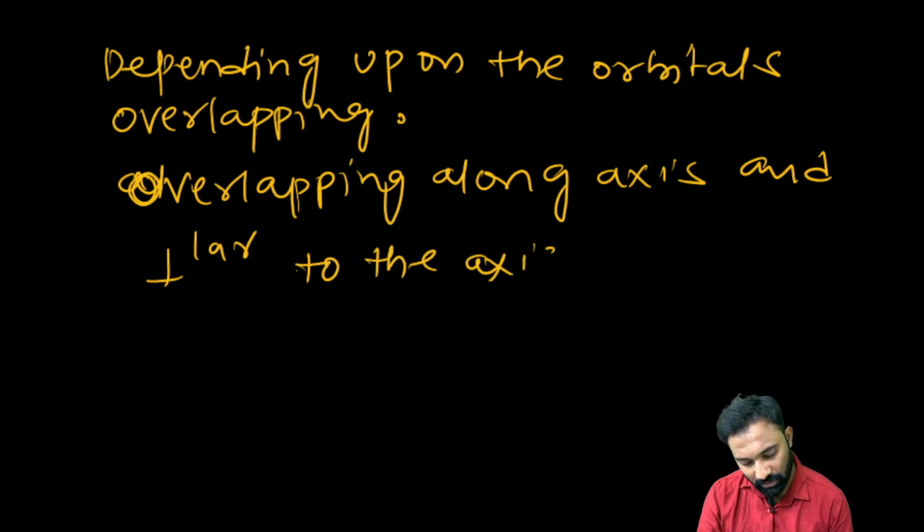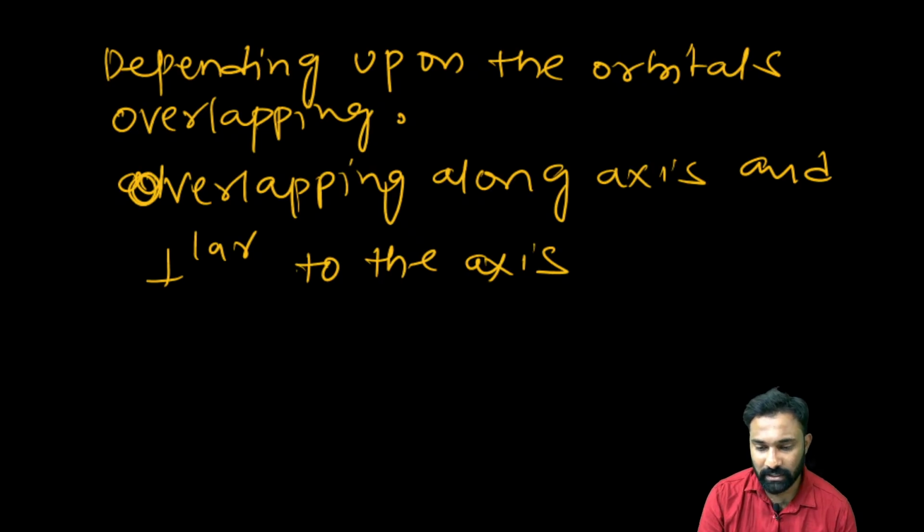Orbitals can overlap along the axis as well as perpendicular to the axis. If they overlap along the axis, what bond will they give? If the overlapping is perpendicular or parallel, what bonds will you get? Now we'll see.